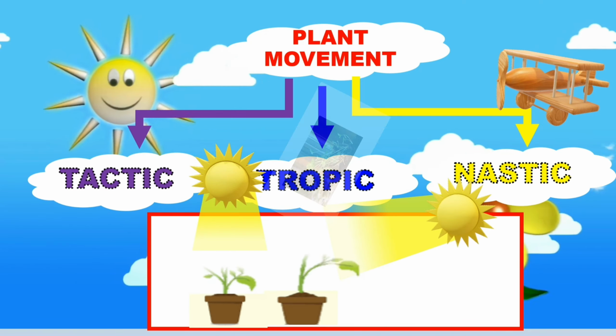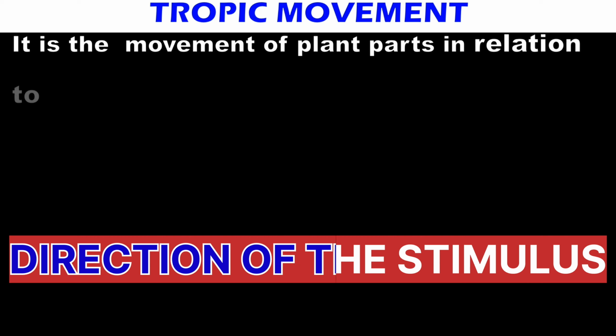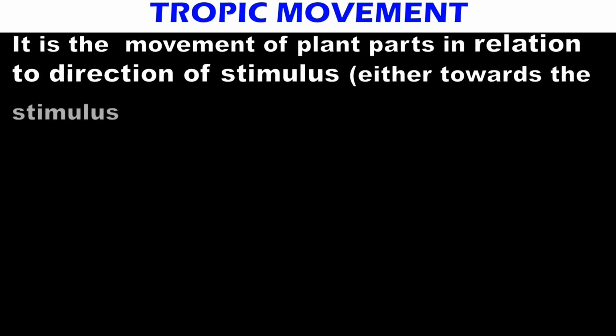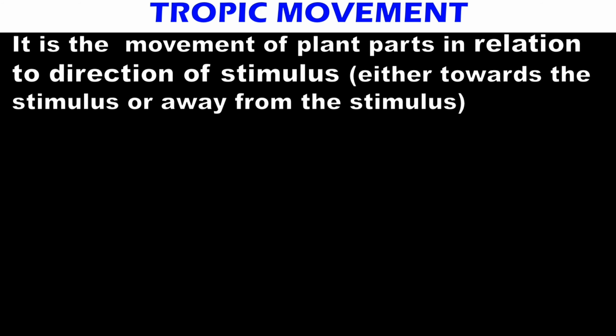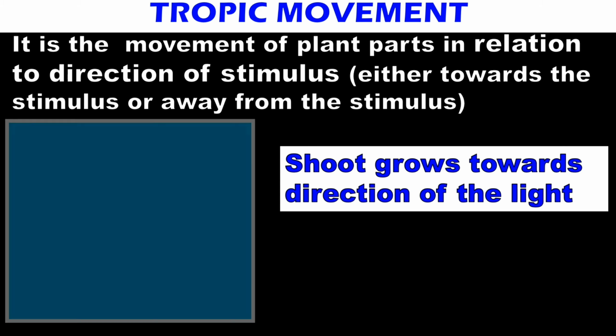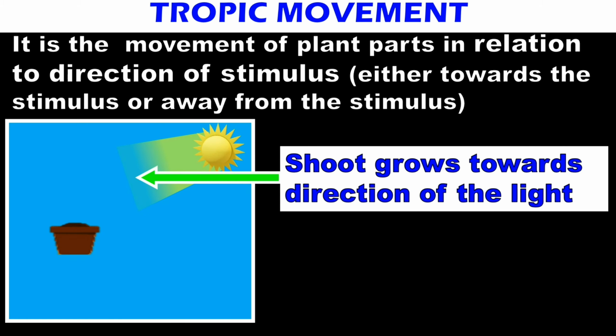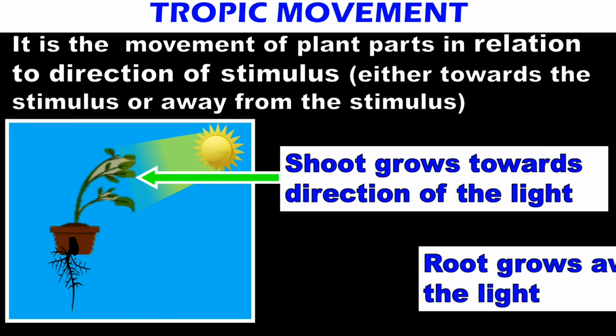That means the movement is dependent on the direction of the stimulus. Therefore, the tropic movement is the movement of plant parts in relation to direction of stimulus, either towards the stimulus or away from the stimulus. For example, shoot grows towards direction of the light and root grows away from the light.